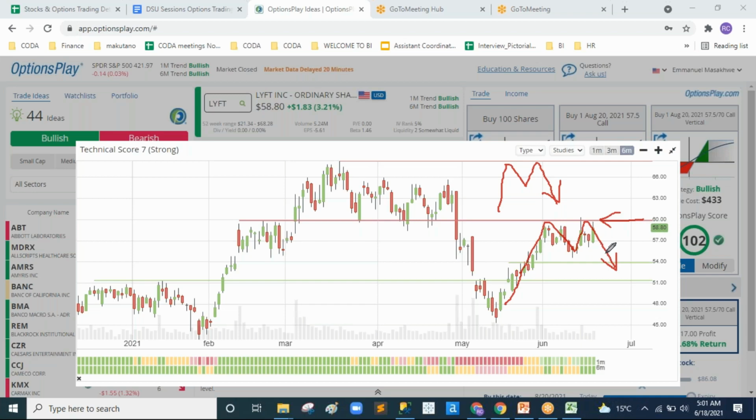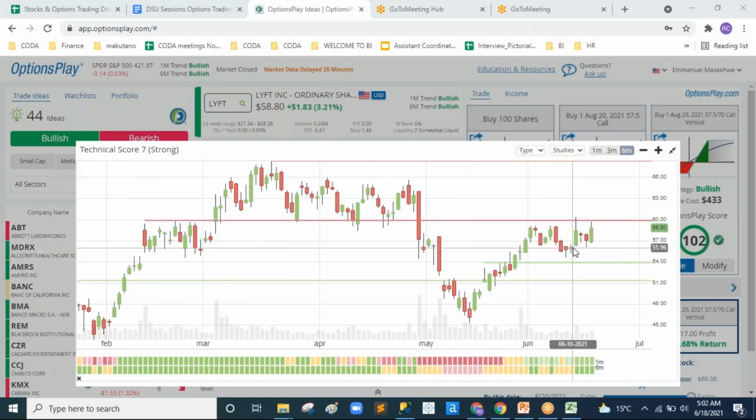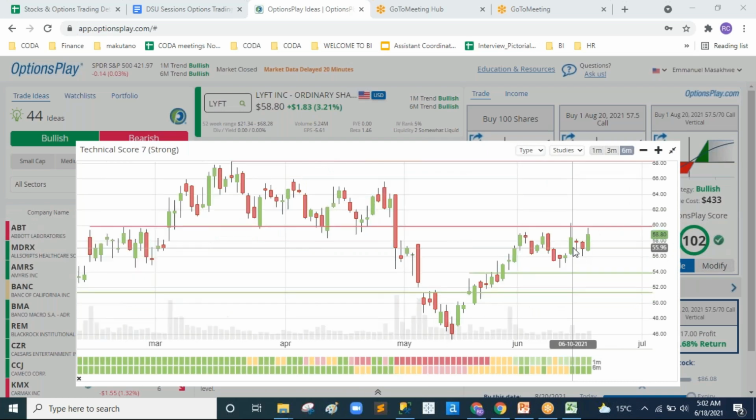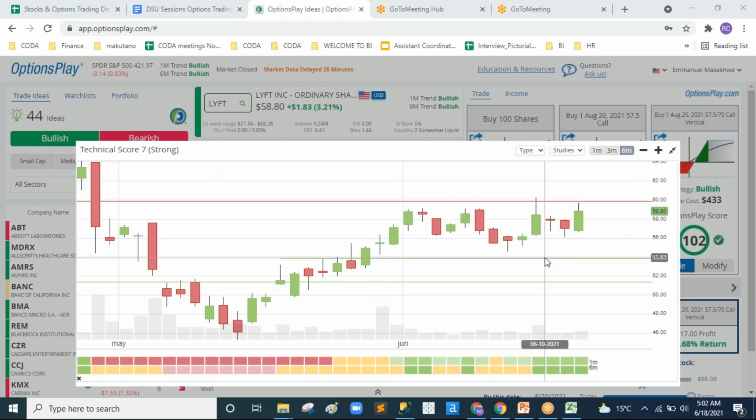The candlestick patterns, like something here, we call the bearish engulfing. We use this more on Forex, but it actually applies also here.